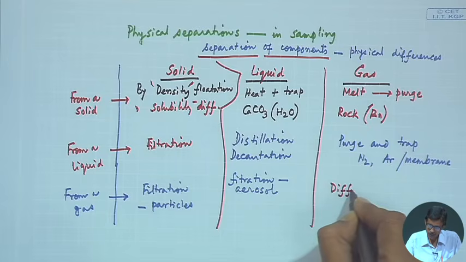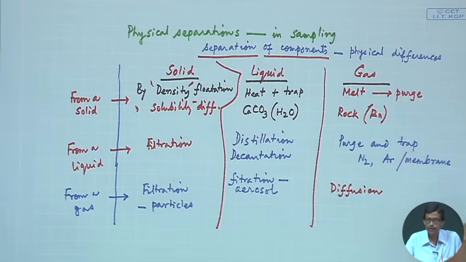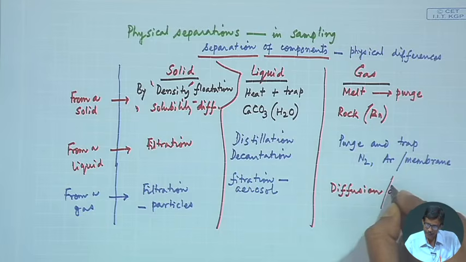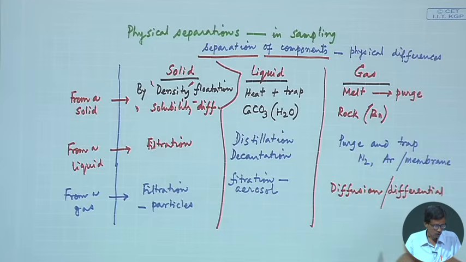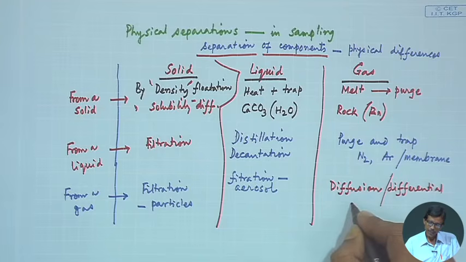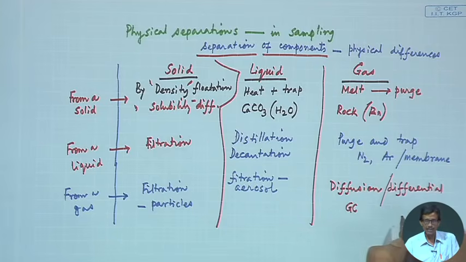So, the process what can be utilized is the diffusion technique, and this diffusion is different from one type of gas to the other, is the differential diffusion. So, this differential diffusion can be utilized the way we use it for a particular instrumental technique. We know that this particular diffusion for gases is also possible. If we look at the corresponding chromatographic technique, we know that this is the gas chromatographic technique.